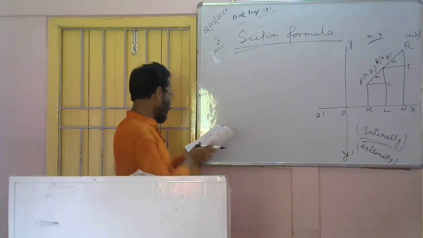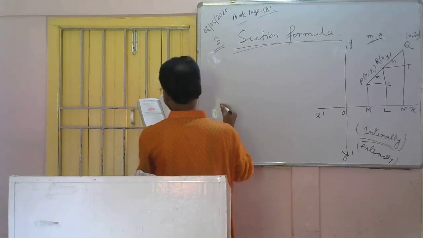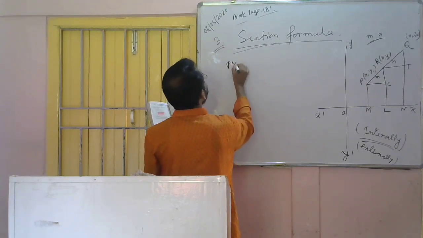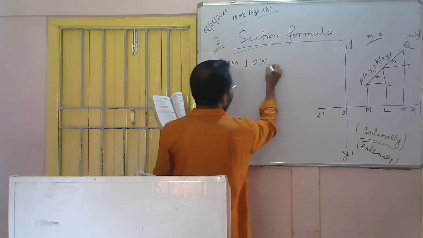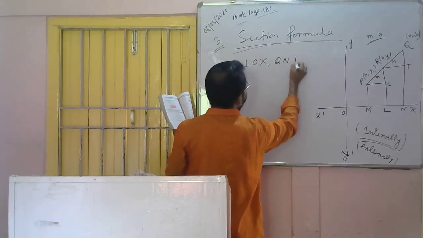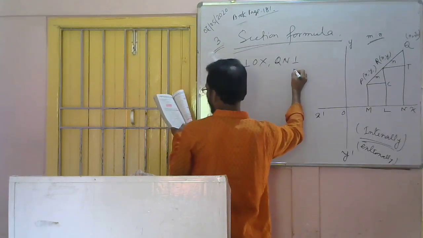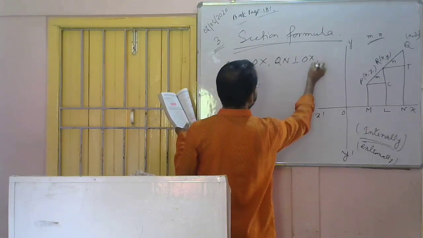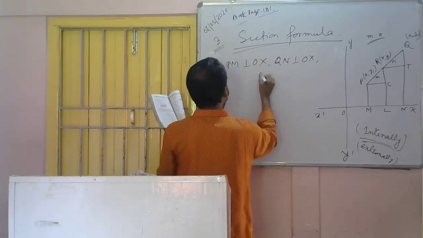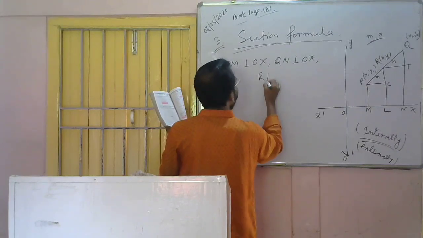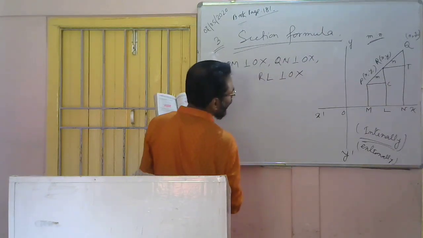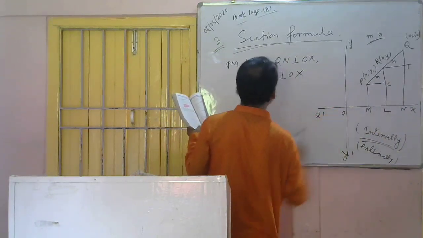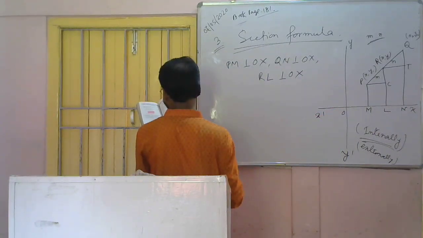Now we see PM perpendicular to OX, QN perpendicular to OX, and RL also perpendicular to OX.